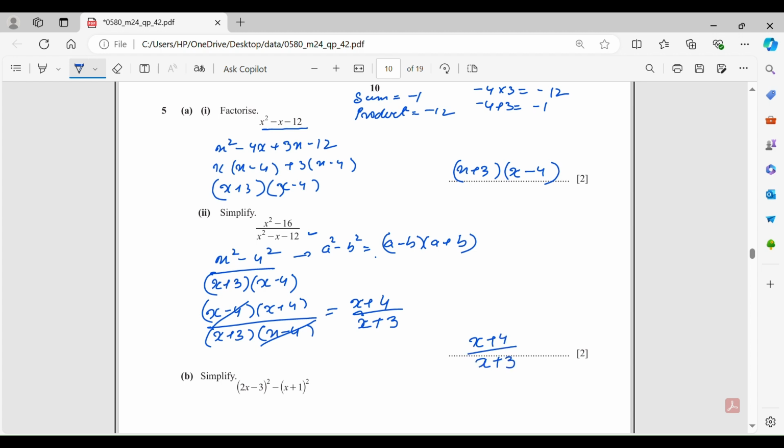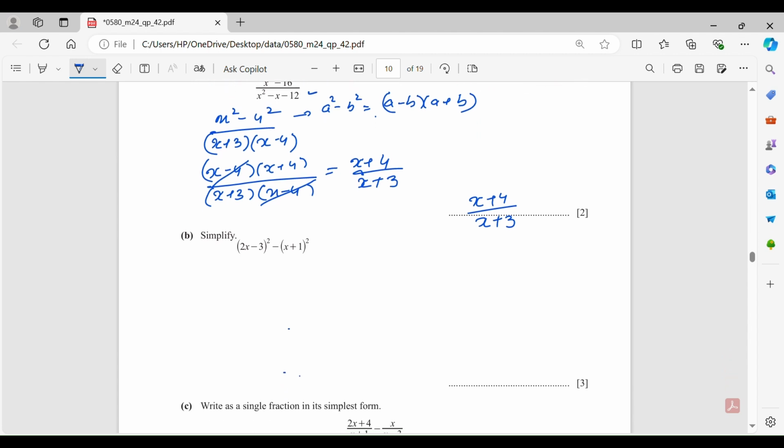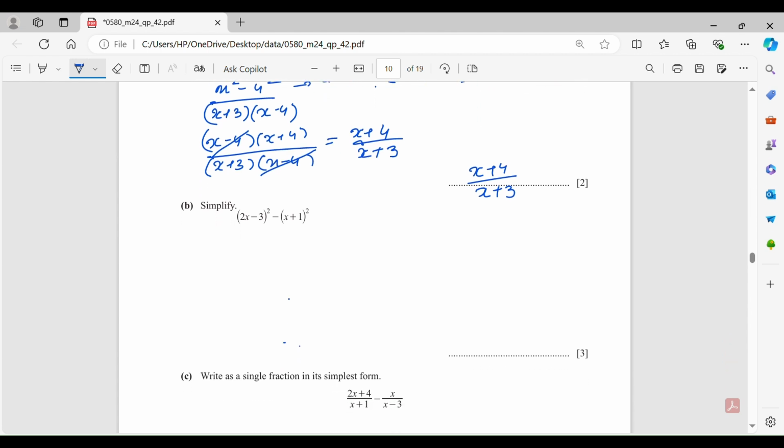Next, simplify this. Here also we will use the a square minus b square identity, which is equal to a minus b and a plus b. For this, take this whole as a and this whole as b. Now the first bracket is 2x minus 3 minus x plus 1.